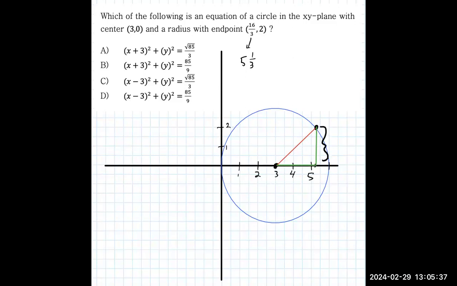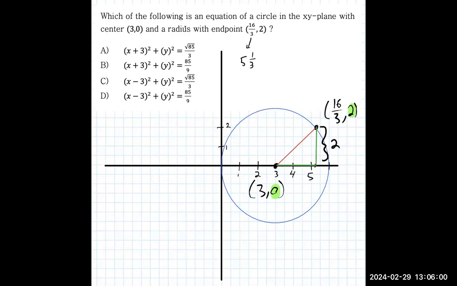But we can find the distance from here to here. That's an easy distance. It's the distance from a height of 0 to a height of 2. Let me just go ahead and put the points on here. So the height is from 0 to 2, so it's a length of 2.